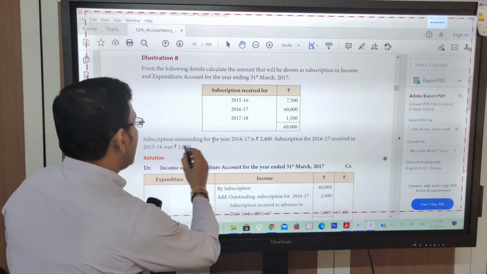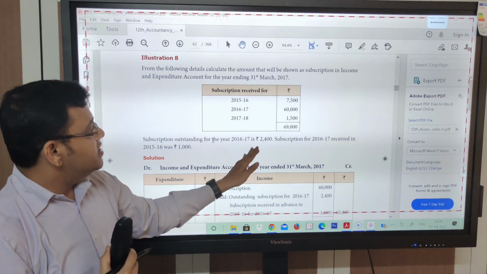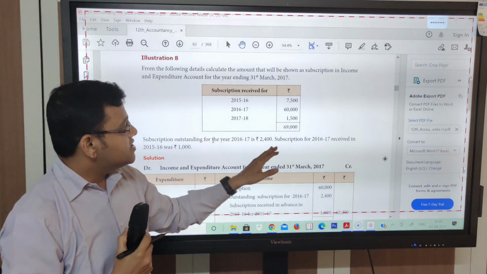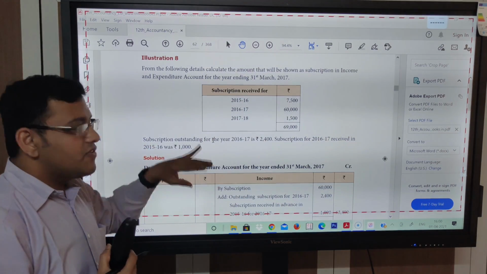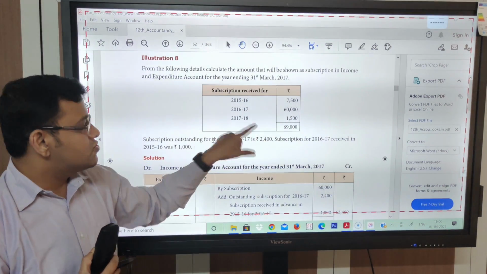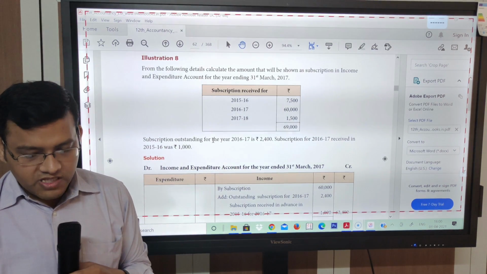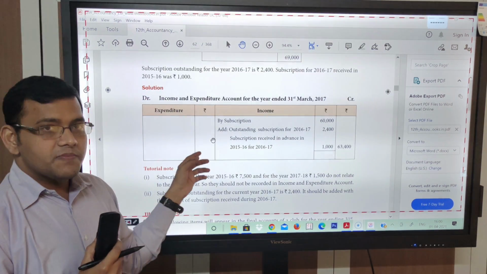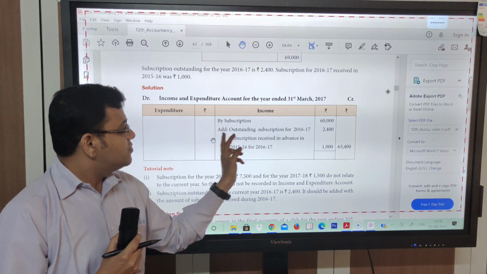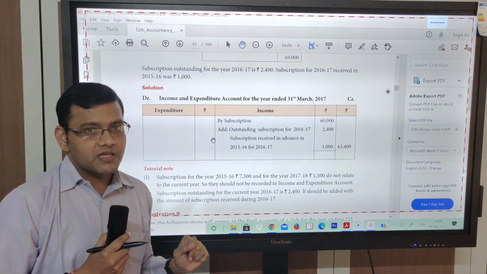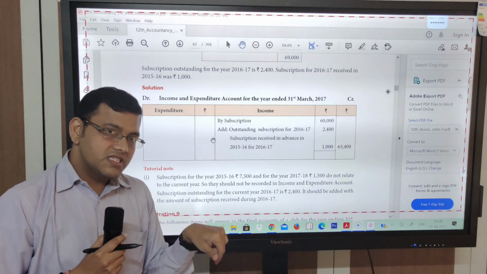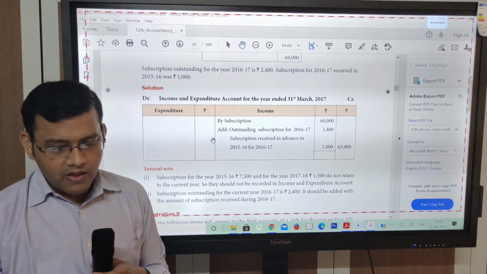And to that we will add the outstanding for the year 16-17, 2,400, and the subscription for 16-17 received in 15-16, which was 1,000. So these two will get added. So when you see the format over here, by subscription 60,000, to this we are going to add the outstanding subscription and the subscription which was received in advance for 16-17.